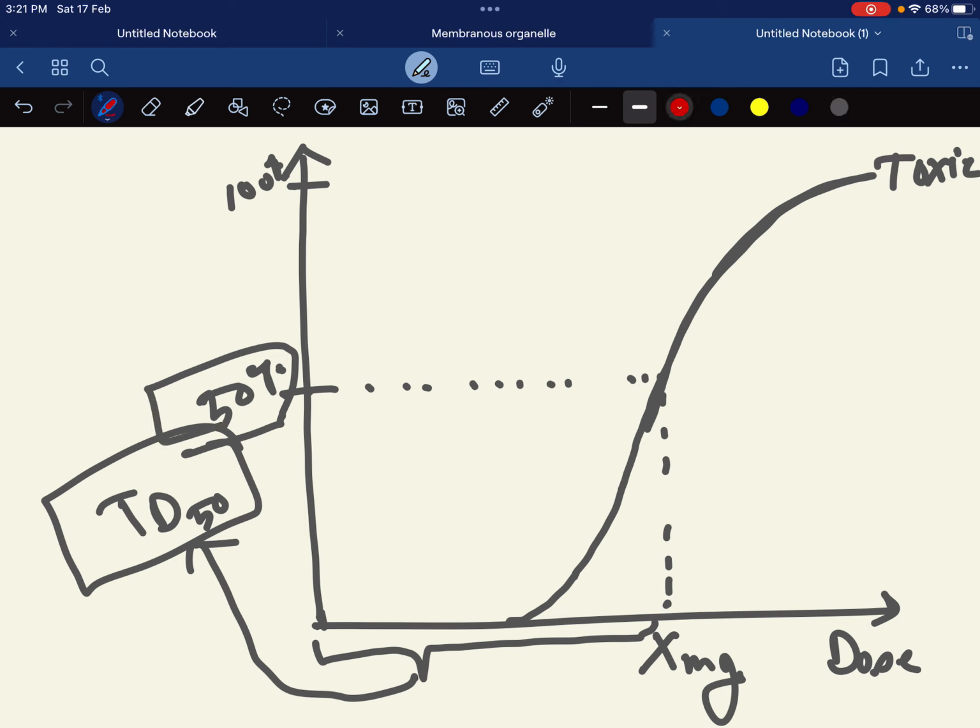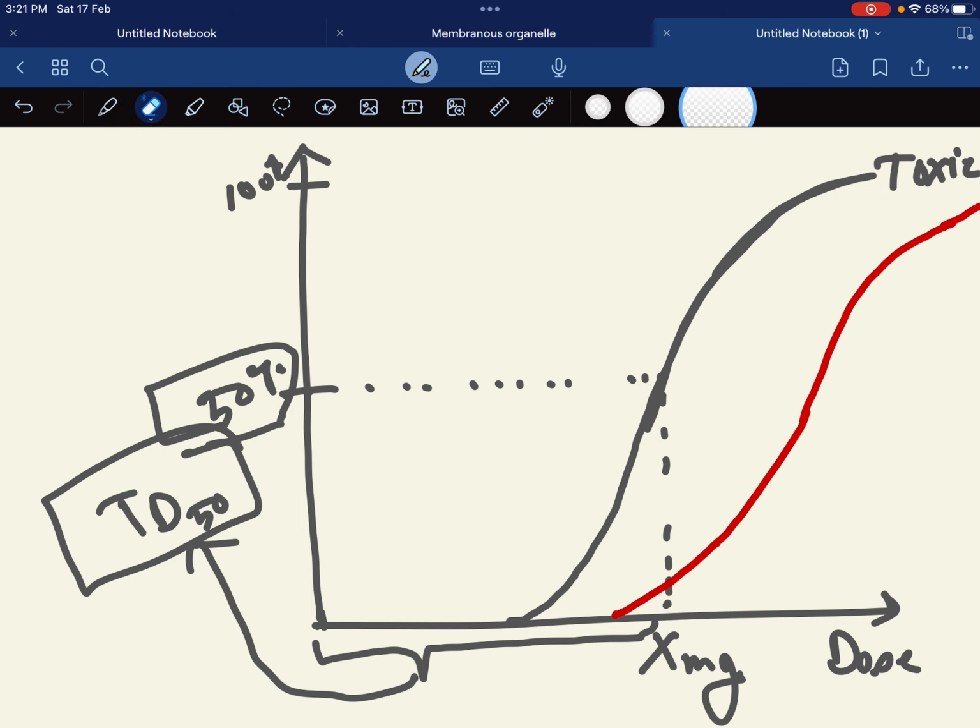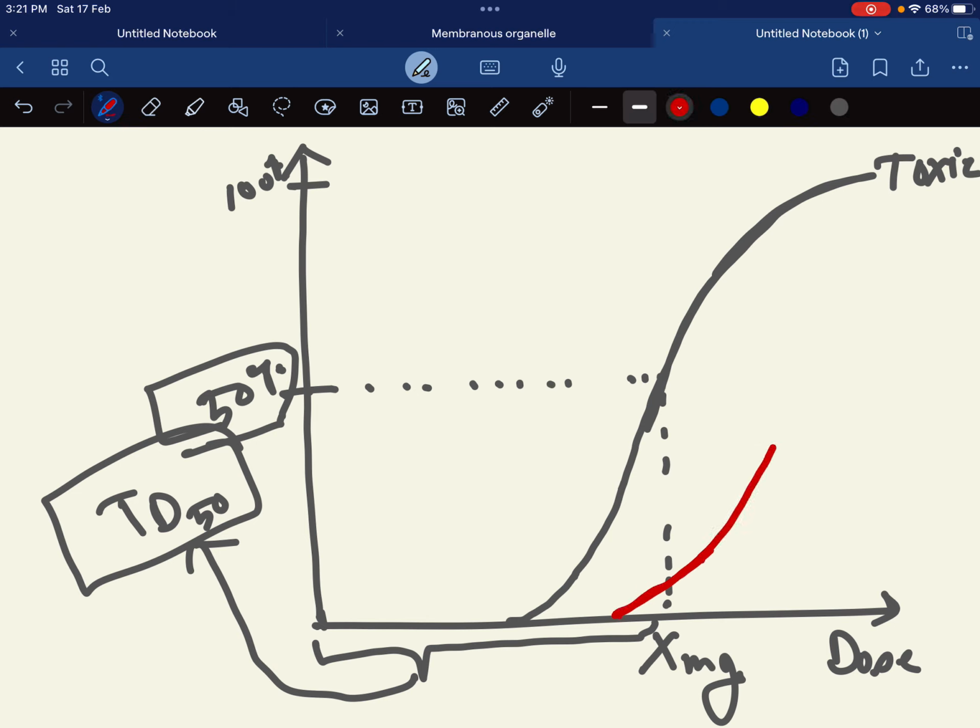Now, the same can also be plotted for lethality. Say this one is for lethality. I should draw it more carefully. Sorry for that. This one is for lethality.